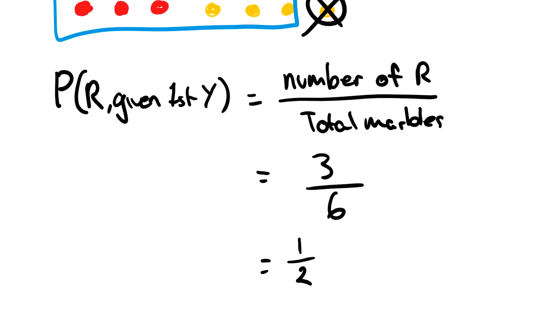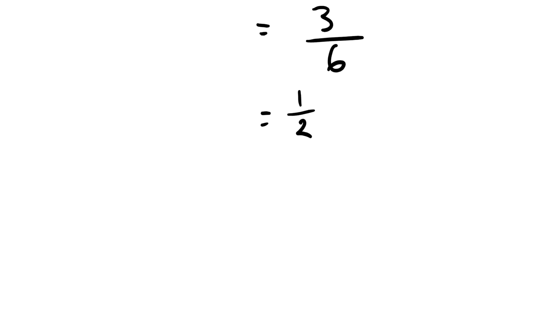As you can see, depending on what was drawn first, let's write it out. So we had red, red, all right? That ended up being 1 over 3. In our next one we had yellow and then red, and that was 1 over 2.